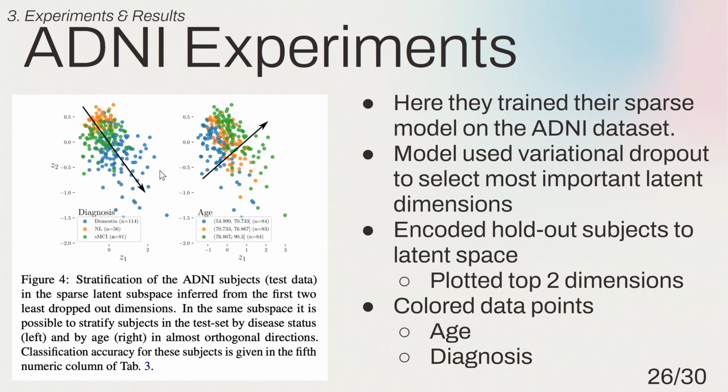And then once they did that, they colored the data points according to the age and diagnosis of the subject. And so what they found is basically that there's not a random clustering, the subjects are kind of clustering according to the different labels. So that's, I guess, one way of showing that their model is learning important representations.